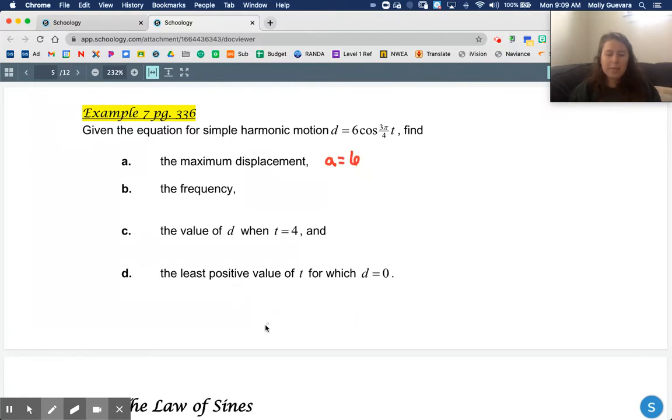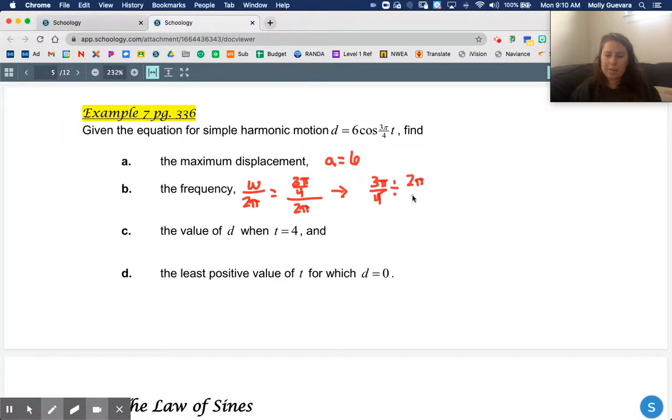Then it says find the frequency. Okay, well, the frequency was omega divided by 2 pi. In this case, my omega is 3 pi over 4 divided by 2 pi. So what I'm going to do, I'm going to write this next to each other. So 3 pi over 4 divided by 2 pi.